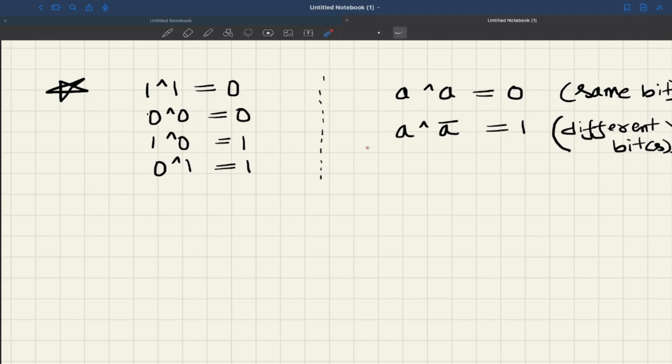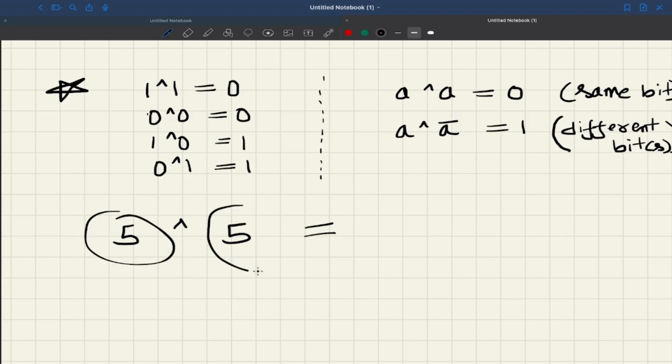Alright. So if I say that I have number 5 and number 5 again, if I take XOR of these two numbers, what will be the answer? The binary representation of this number and of this number will be entirely the same, and XORing of the same bit will give me 0, right?